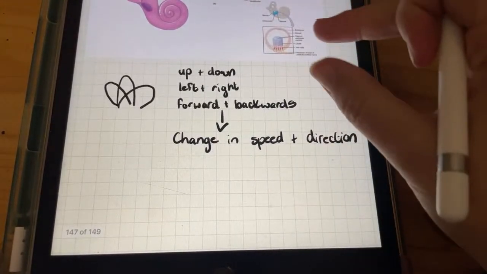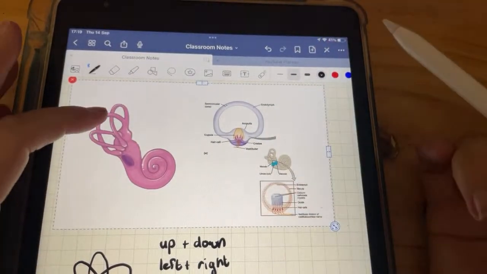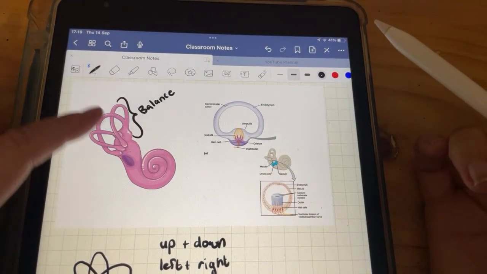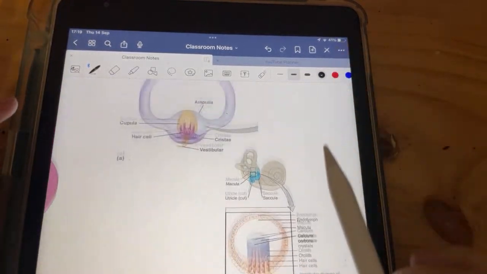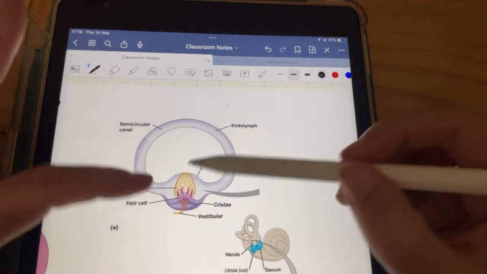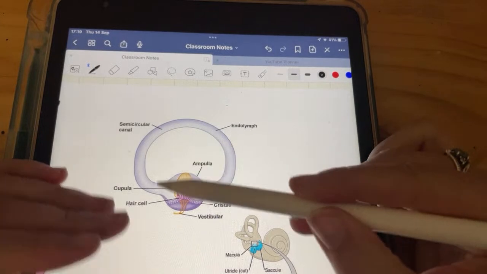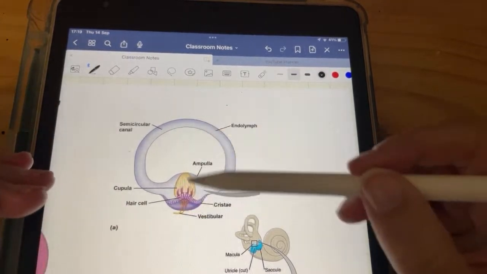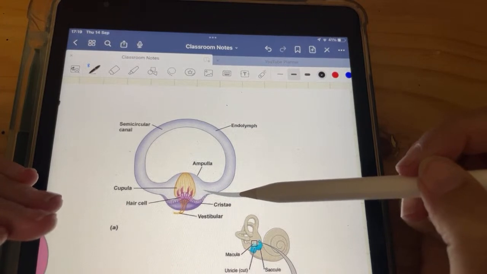So if I go back up to my little diagram a little bit higher, okay, we've got our 3 semicircular canals up here. And if we zoom in just a bit more, so I can show you closer up, there we go. This is the cross section of one of our semicircular canals. Now, you actually don't need to know very much detail of the semicircular canal, so please don't believe the hype.